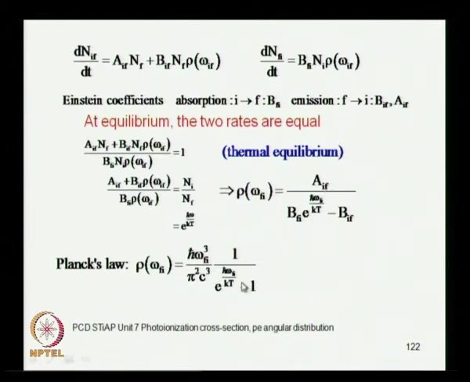So now if you demand an equivalence between this expression and this expression, it is obvious that it will hold good if B_IF is equal to B_FI and A_IF is equal to h cross omega cube over this factor times the B coefficient. So this is the relationship between the three Einstein coefficients.